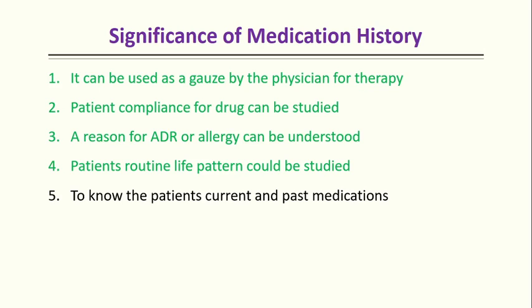If the patient has taken any therapy previously, that is recorded in the medication history. If current medication is ongoing, that will be known by the physician. So it helps to know the patient's current and past medications.